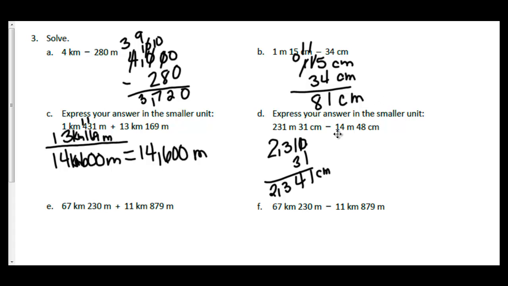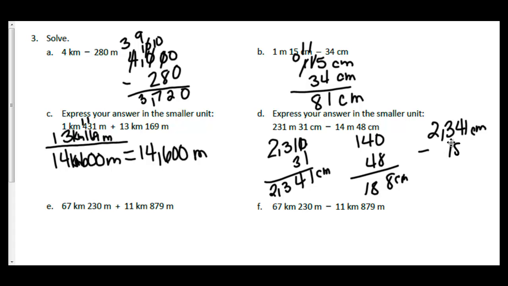And then over here, I've got 140 meters plus 48 centimeters, 88 centimeters. Okay, so now I can subtract 2,341 centimeters minus 188 centimeters.